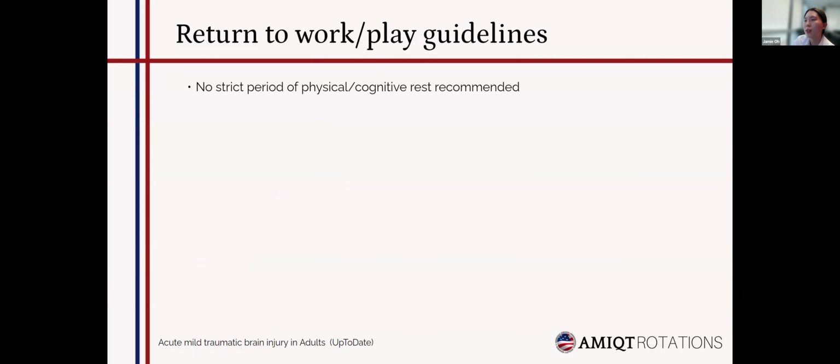However, the evidence isn't clear on that. So what would be prudent is to tell the patient to gradually return to work as tolerated, and as their symptoms permit them. Another prudent guidance for the general population is to avoid activities that may cause another concussion, because that can increase your risk of future concussions, and the prognosis is not as good.